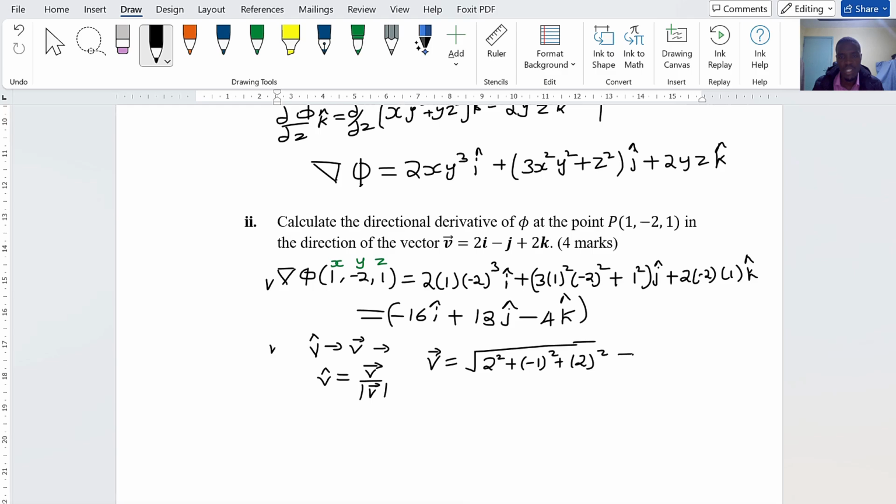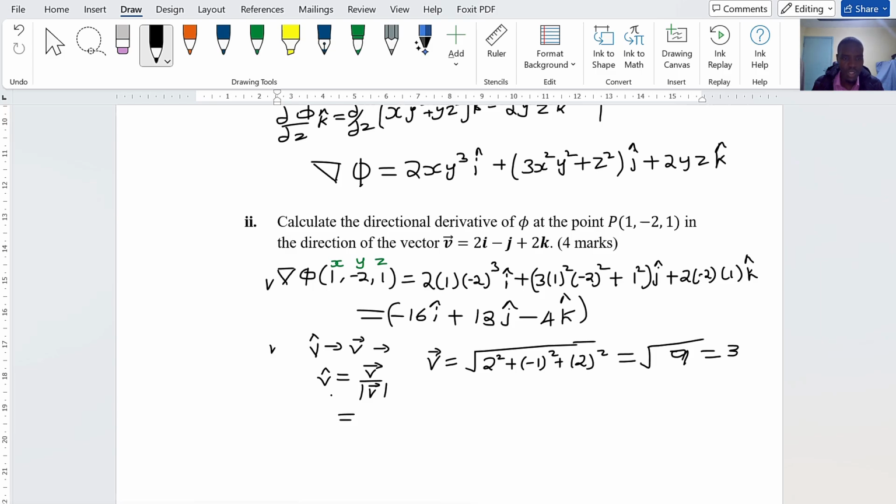So 2 squared is 4, 4 plus 1 is 5, 5 plus 4 is 9. Sorry. Now the magnitude, the square root of 9, is 3.